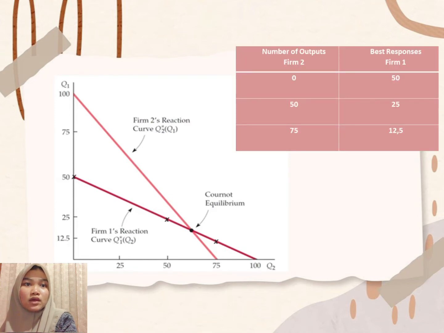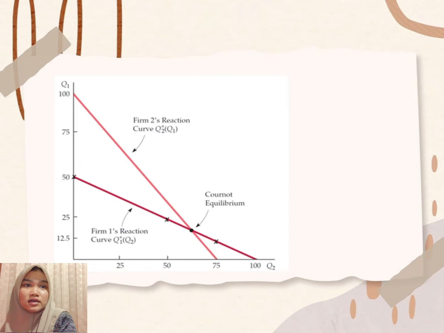When Q1 equals 25, Q2 equals 50, and when Q1 equals 12.5, Q2 equals 75. The lower straight line is firm 1's reaction curve, and the upper curve is firm 2's reaction curve. The intersection between these two curves we call the Cournot equilibrium.